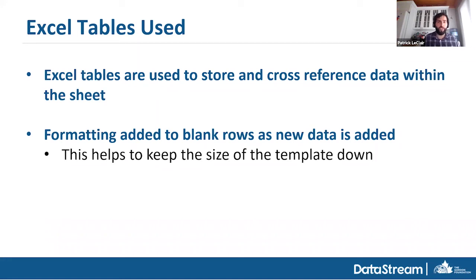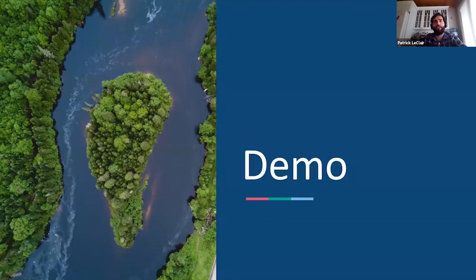So instead of the whole thing being filled out, it's only the rows that you need. This helped us keep the size of the template down. We noticed with one of the previous iterations, if the template size gets too large, some users were having trouble with it crashing. So we're hoping that this keeps the template size down and makes it easier to use. With that being said, I'm going to go in now and show you a quick demo of what this looks like so you can get a better idea exactly what we're talking about here.